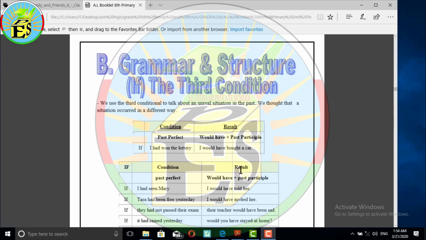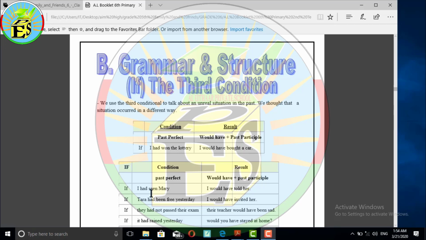The second part, the result, after the subject of the sentence, you have to put would have plus past participle. Past participle means the third form of the verbs.